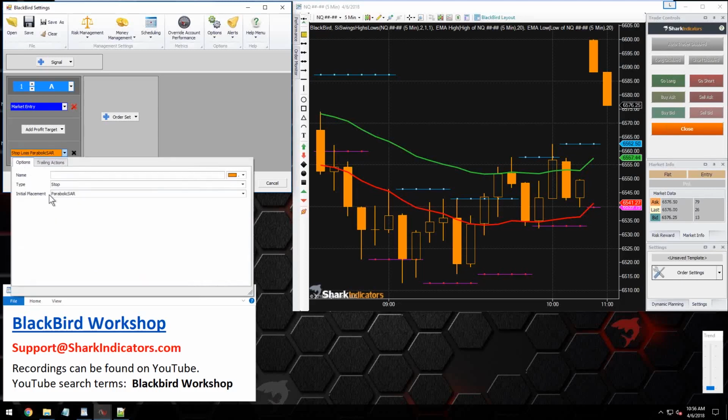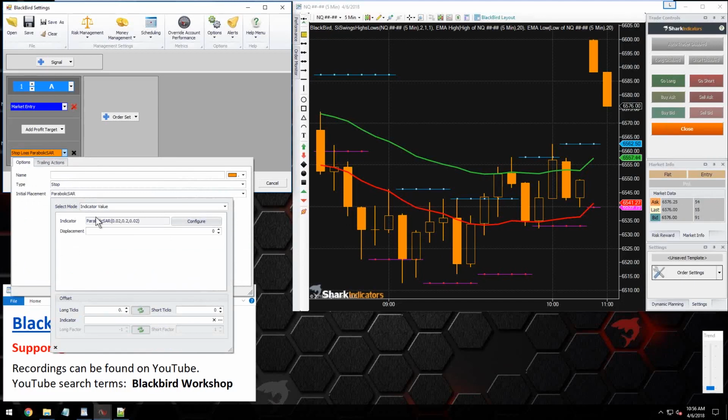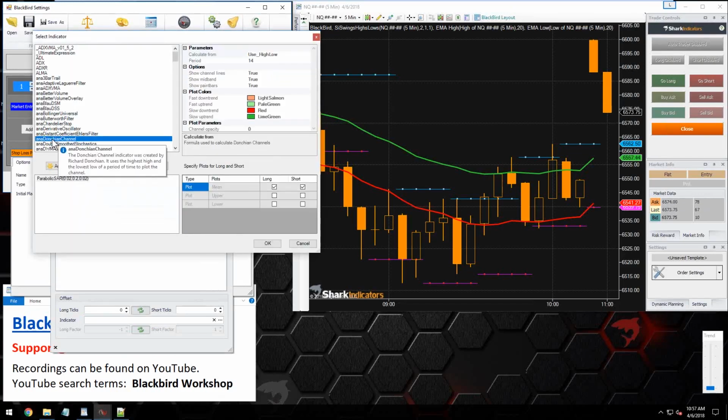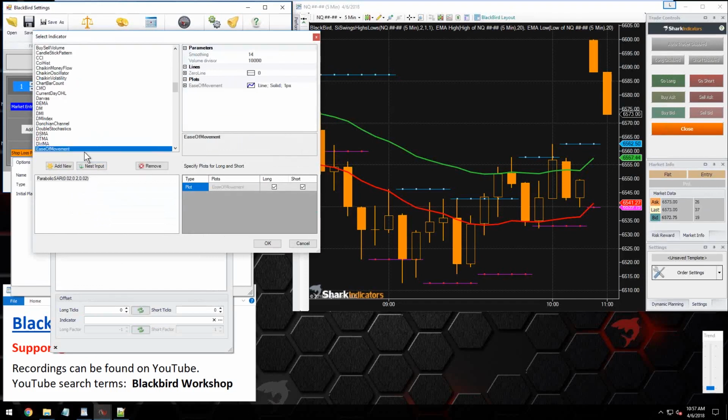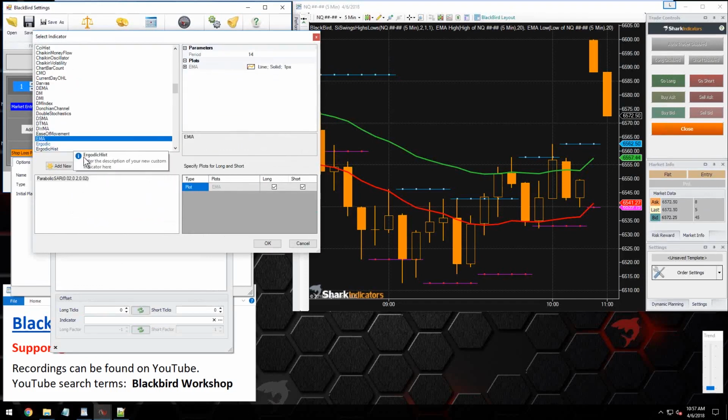All that really does is set the select mode to indicator value for us, so not a lot of convenience there, but at least it puts us in the right spot. So let's go into the configure, and we are using the EMA.